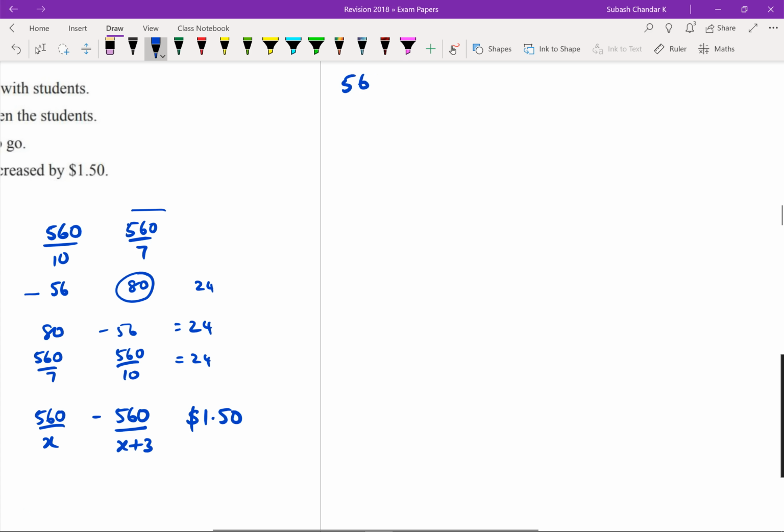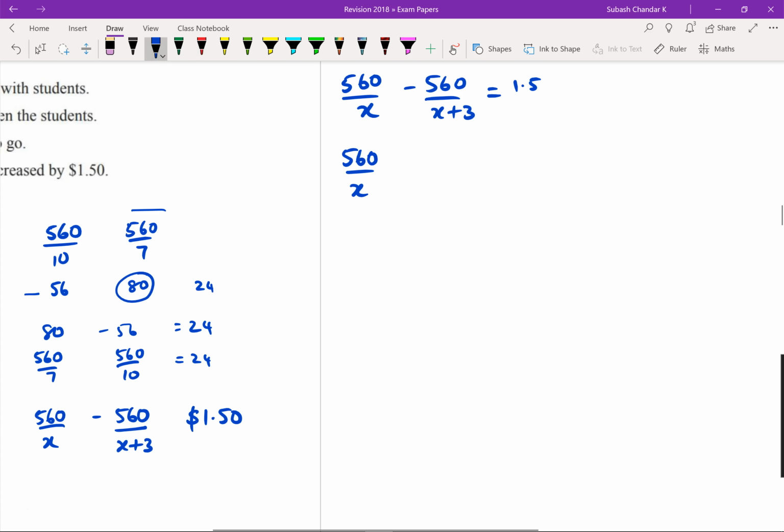So I've got 560 over x minus 560 over x plus 3 equals 1.5. What I need to do is cross multiply. But rather than cross multiplication, I'm going to show you guys the long-winded way of doing it, though it's still the same kind of concept.